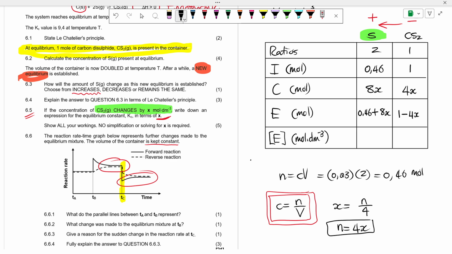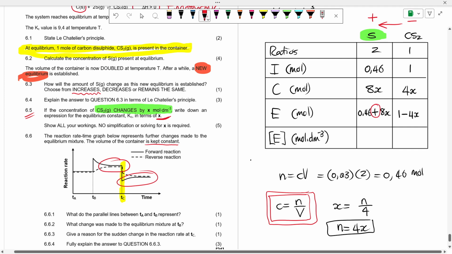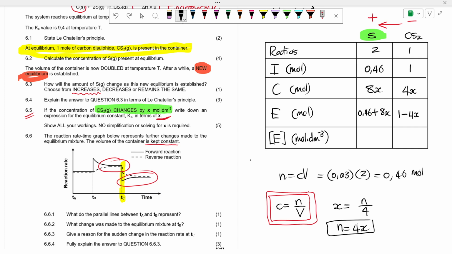I was just explaining why we have a plus on the sulfur instead of on the other side. But you understand that now? Yes. Okay, so we can proceed.